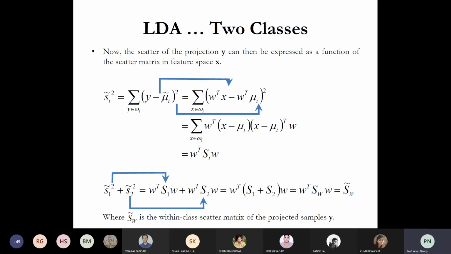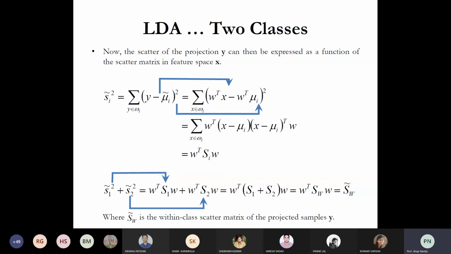Now this scatter of the projection is very simple. When you go through it, you will understand. The scatter of the projection y can be expressed as a function of the scatter matrix. This is only a single variable that we are going to compute in the scatter matrices.